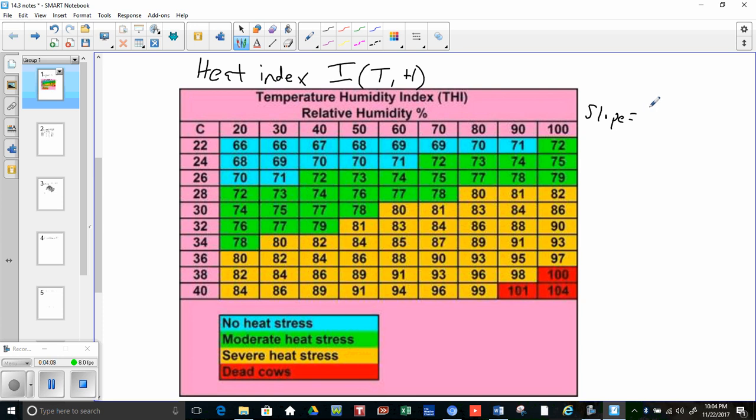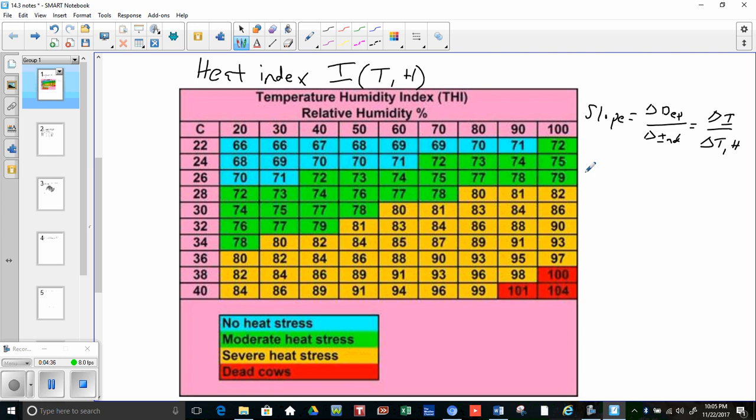Slope is always going to be the change of the dependent variable over the change of the independent variable. In this case, it's the change of the heat index over the change of, and we have two independent variables, temperature and humidity.